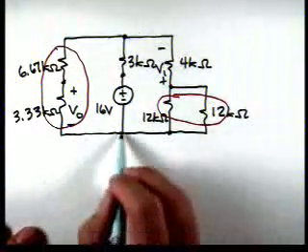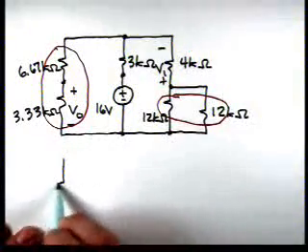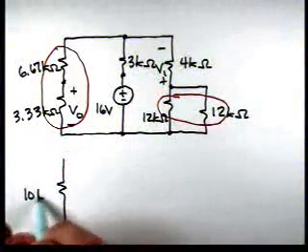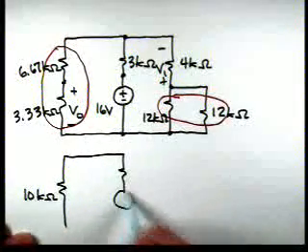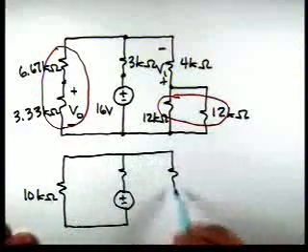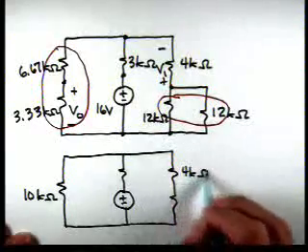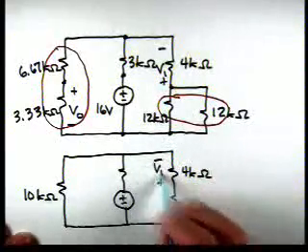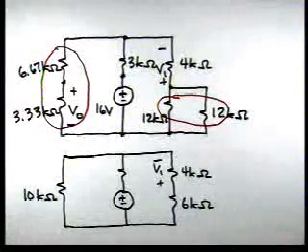So now, over on the left, we have 10 kiloohms. We have the 3 kiloohm and the 16-volt source. Now we've got the 4 kiloohm. This is still a voltage V1. This combination of the two 12s in parallel is a 6K.